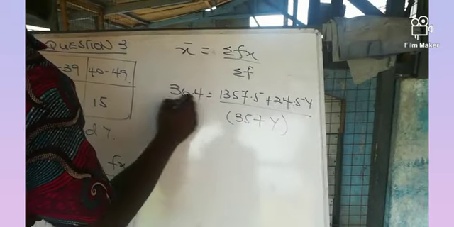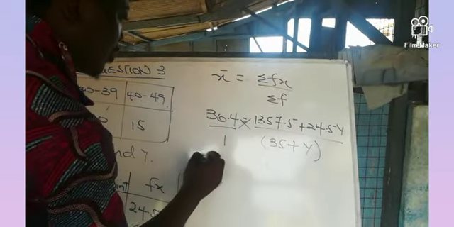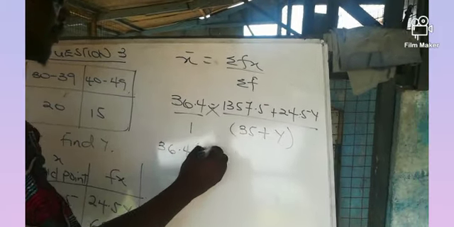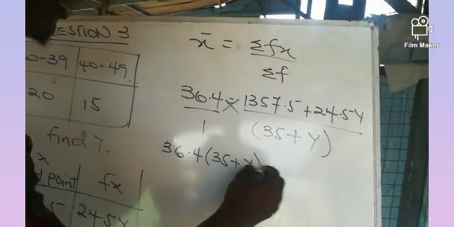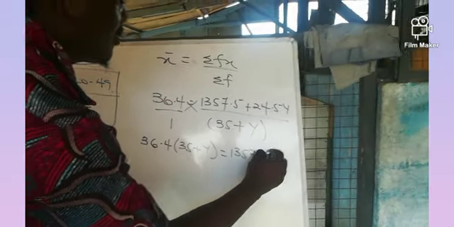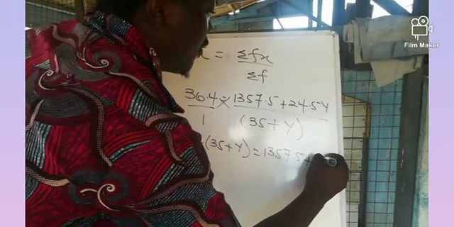You can do cross multiplication. This is over 1. So we are going to end up getting 36.4 times 35 plus y is equal to 1357.5 plus 24.5y.